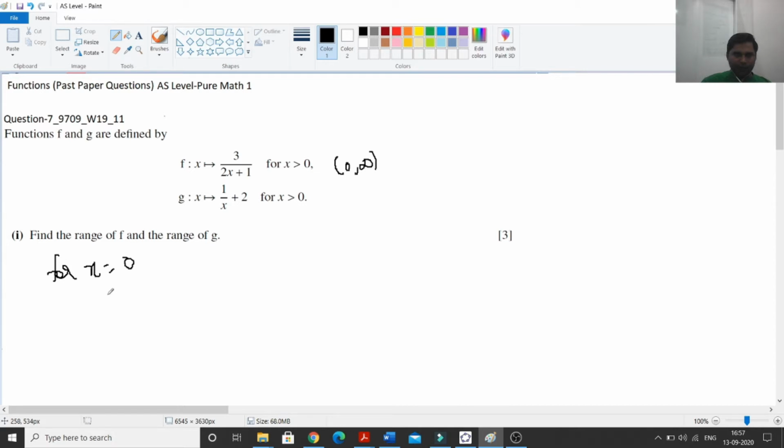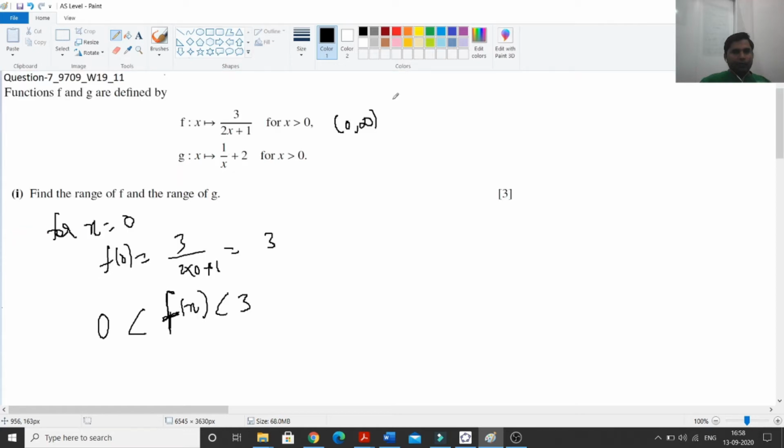So f(0) is 3 over 2 multiplied by 0 plus 1, which is 3, right? Minimum value is 0 for x is equal to infinity. At infinity, this is tending towards 0, and at 0, it is 3. So the range of f(x) will be between 0 to 3.